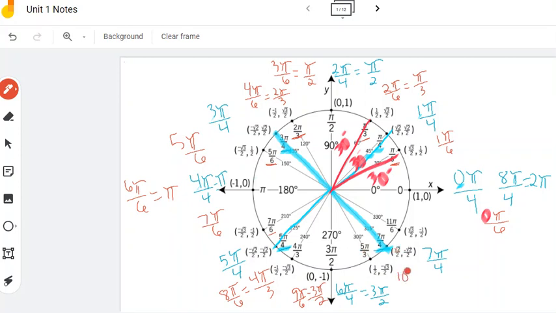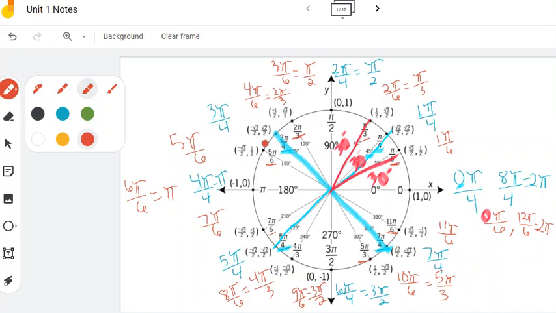After 9 comes 10 pi over 6, which simplifies to 5 pi over 3, right here. And then we have 11 pi over 6 right here. And the last one would be 12 pi over 6, which equals 2 pi.